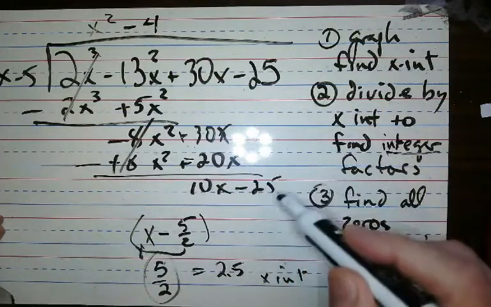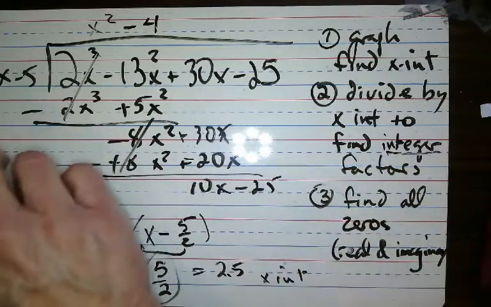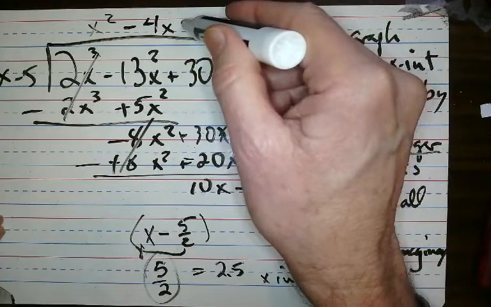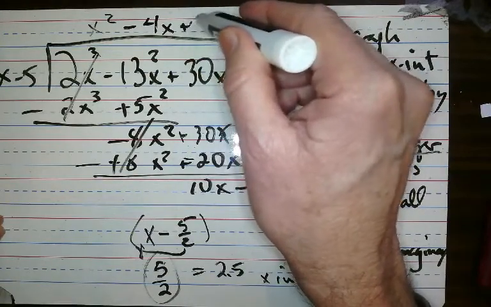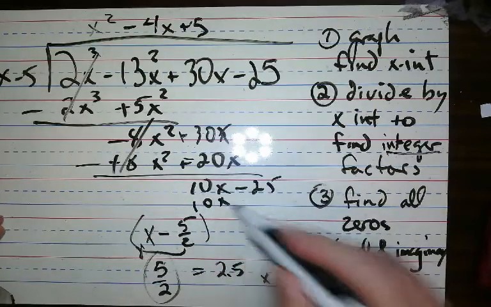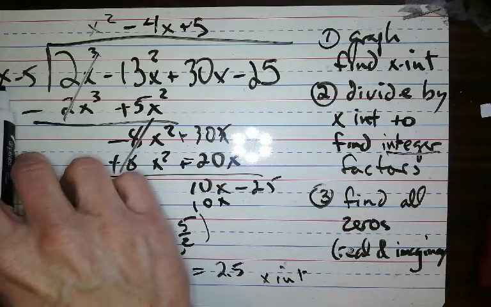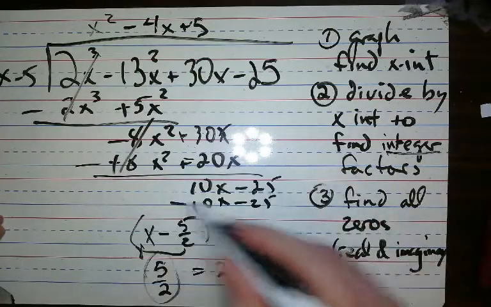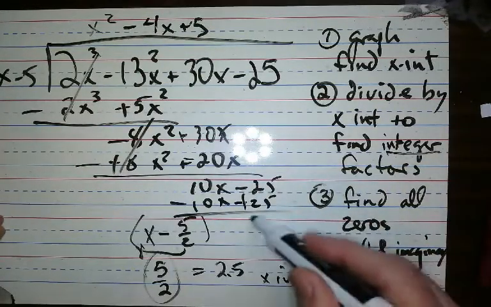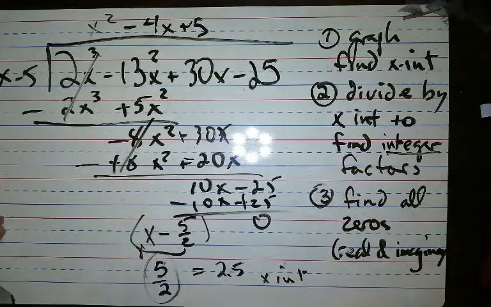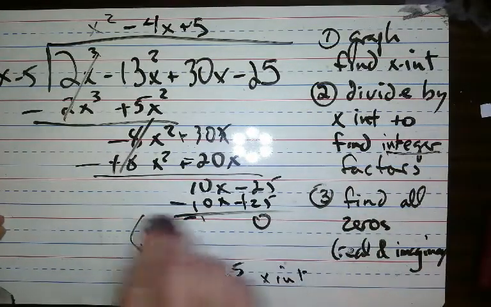So the 25 drops down, and 2 times 5 would be 10, and 5 times 5 would be 25. Subtract, subtract, 0. Yay! And we know it has to end in 0 because it was an x-intercept.